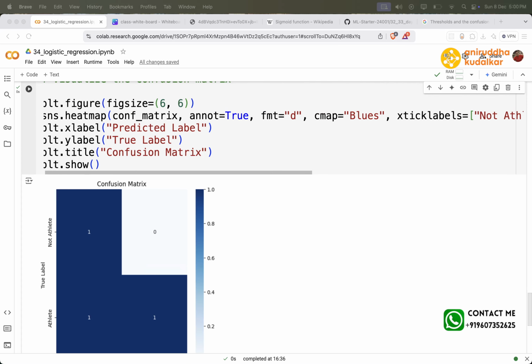So the confusion matrix gives you how exactly the predictions have worked. So this is the confusion matrix, and from it we can come to the accuracy scores.